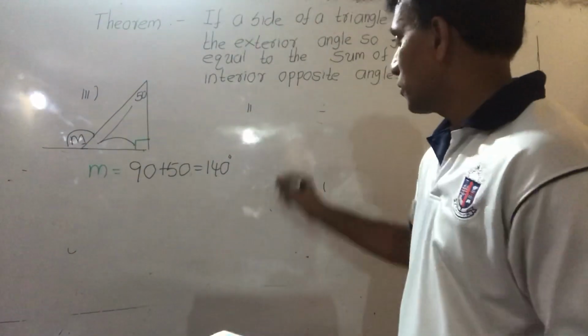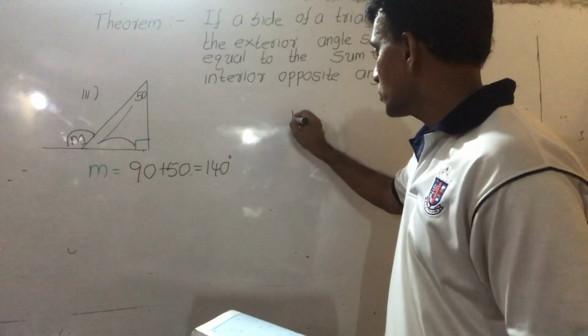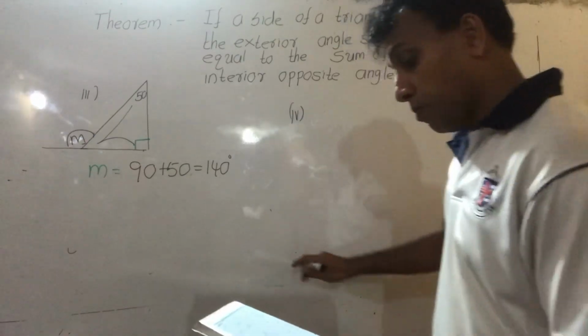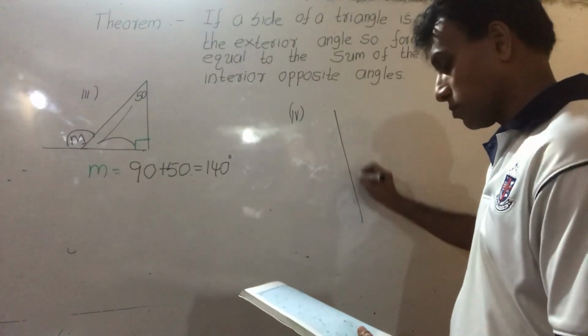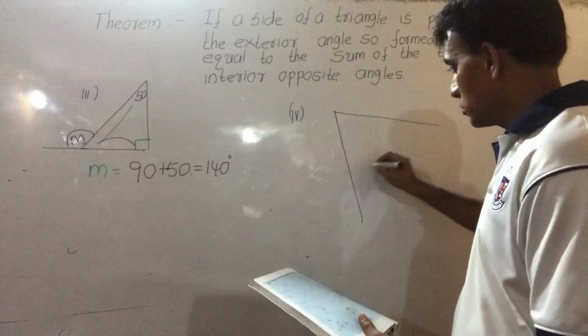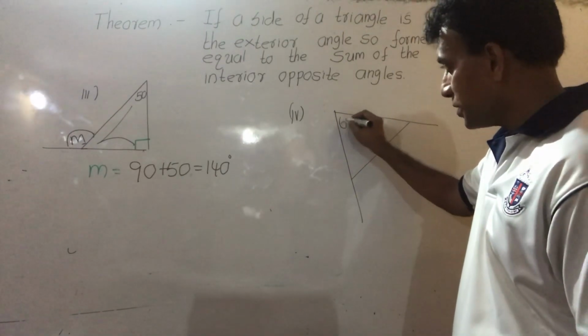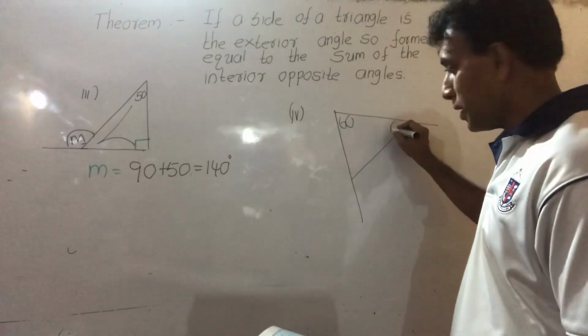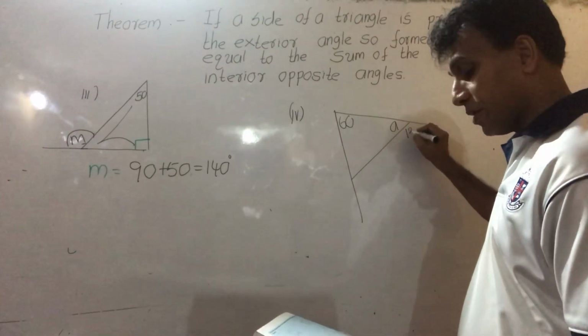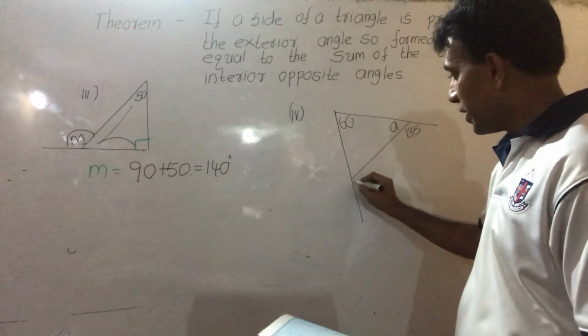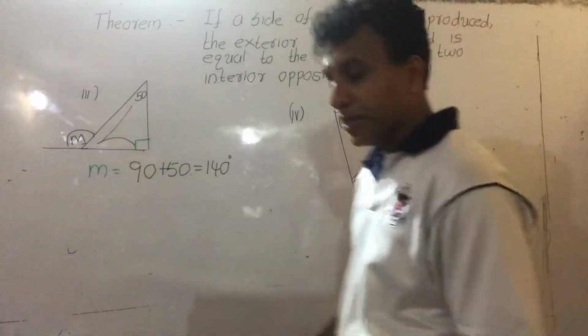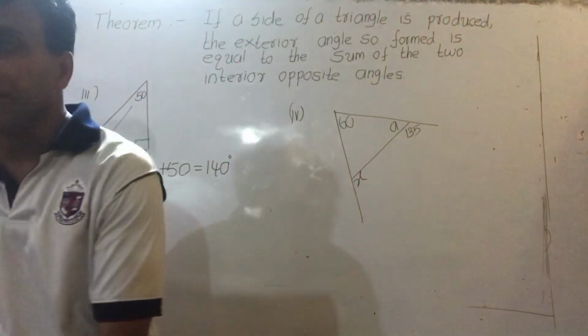Okay, see the next question, problem number 4. This is 60 degrees. This is A. Here 135. Here X. Find the X value and the A value.